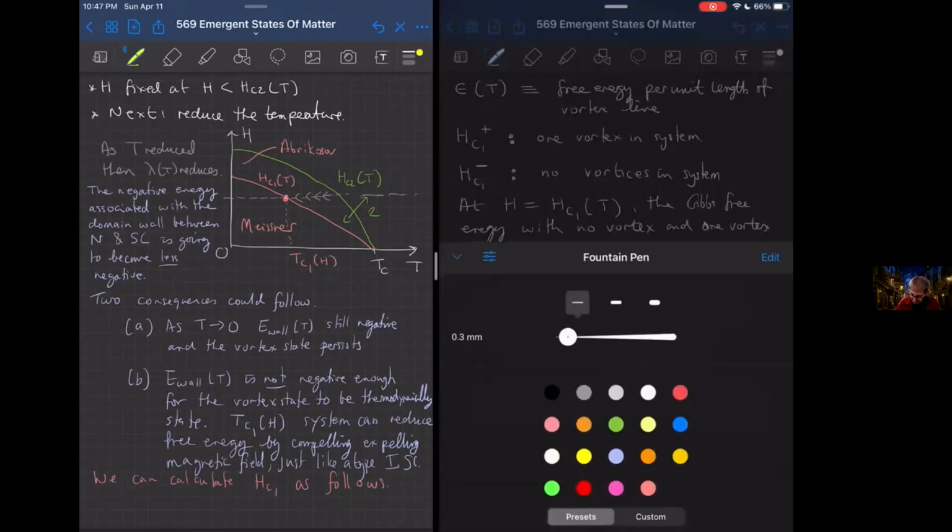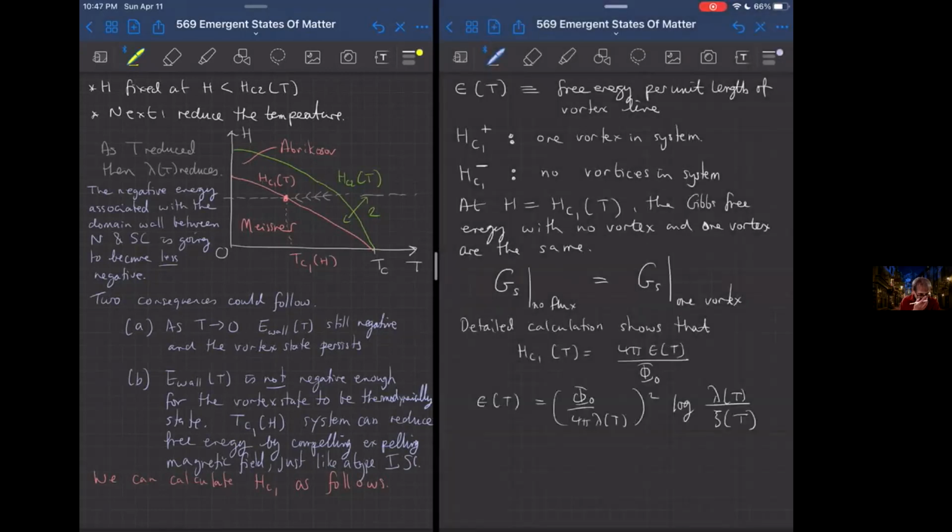And just as a comment about this formula, there's something you can notice about it straight away. Note that the energy is proportional to the flux squared. Okay, that's the first bracket in it. And so you can already guess that the system will minimize its energy by making singly charged flux tubes.